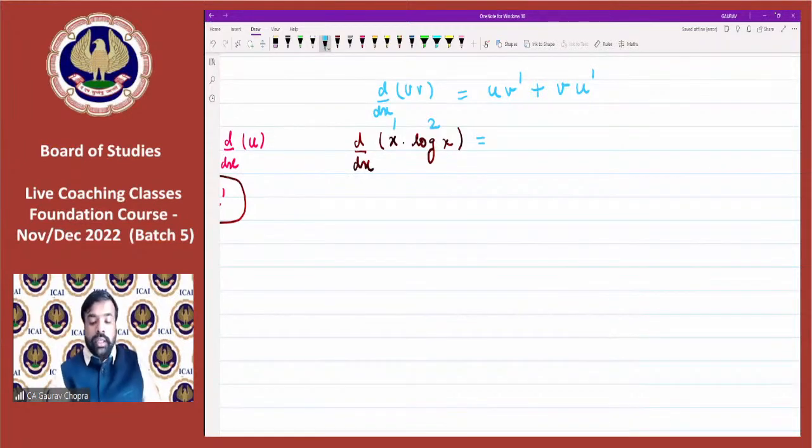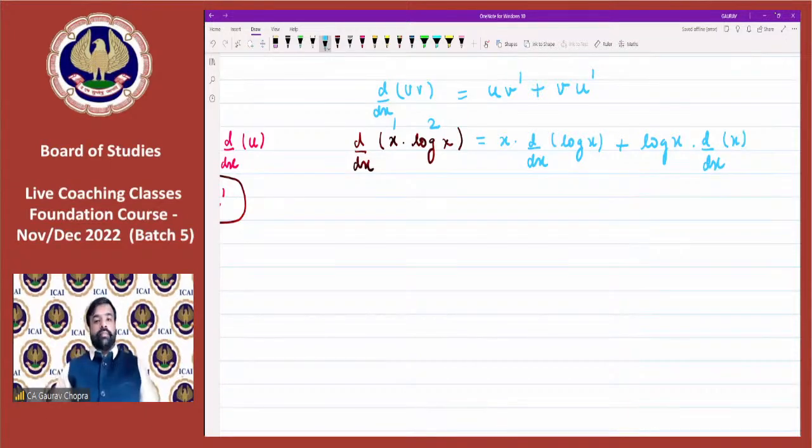The first function x will remain as it is. Then we have to write d by dx of log x, plus this time log x will remain as it is, and then we have to find d by dx of x. So first of all, we have applied the formula. Now let's solve. This x is remaining as it is. Now what is the derivative of log x? Derivative of log x is simply 1 by x.